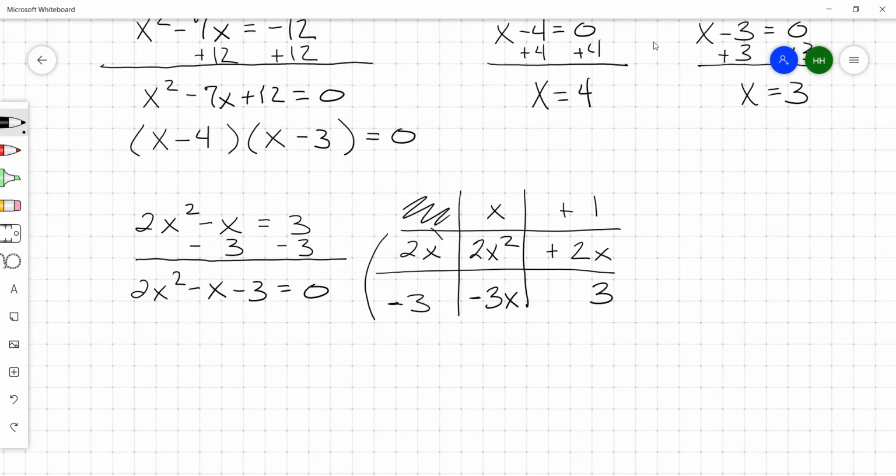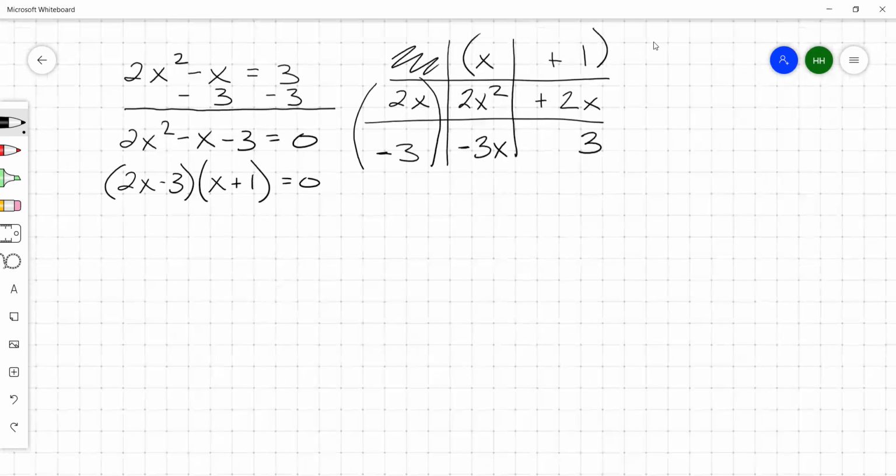So now here's your factors. 2x minus 3 and x plus 1 equal to 0. Now you set each factor equal to 0 again. So we get 2x minus 3 equals 0 and x plus 1 equals 0. And solve them both.